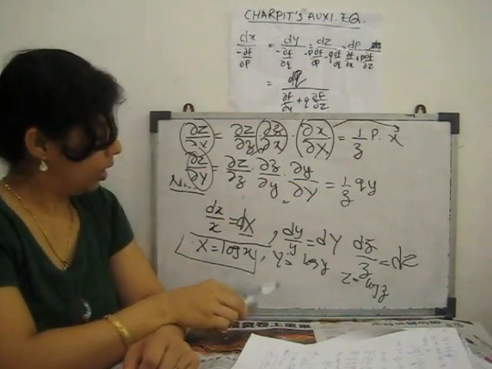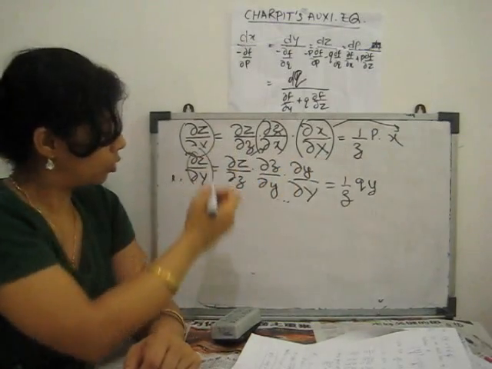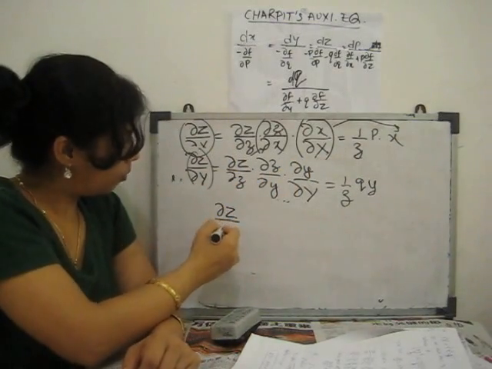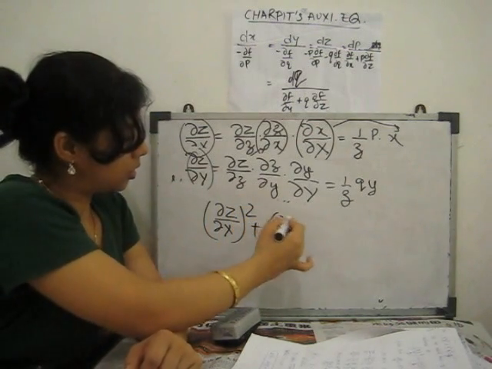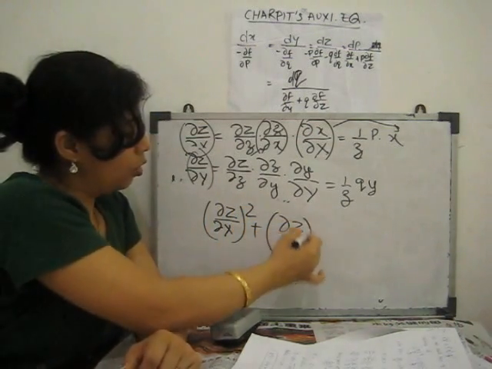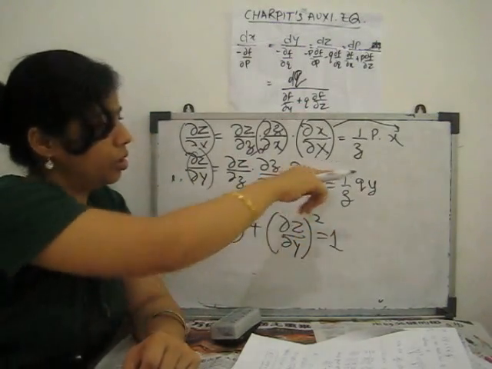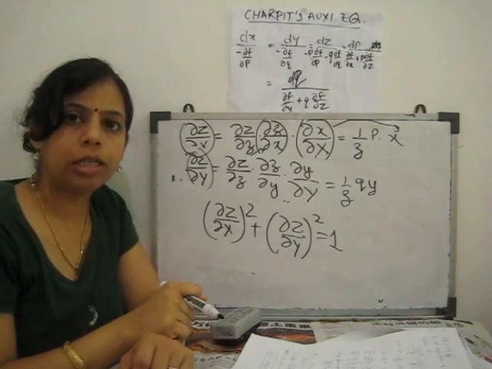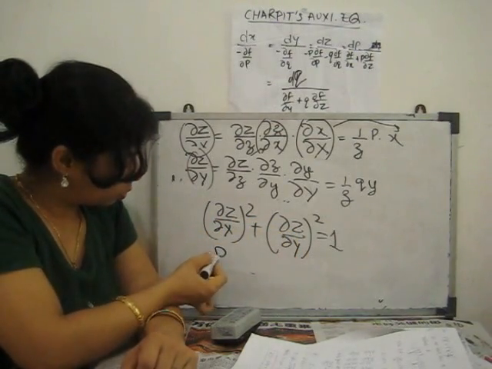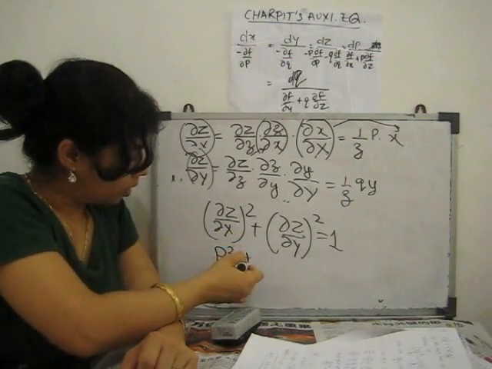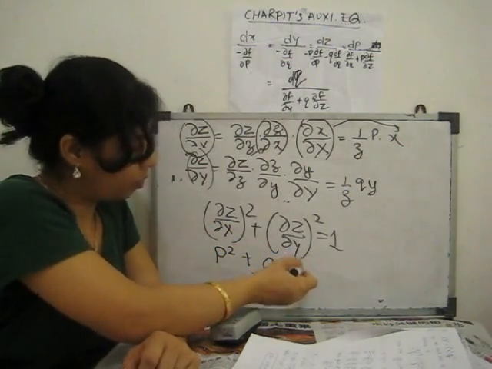Now we substitute this in our given question. So this is whole square. We can say del z upon del x whole square plus del z upon del y whole square equal to 1. Substitute in equation 1, what is the given equation. Now see, this is capital P square plus capital Q square equal to 1.